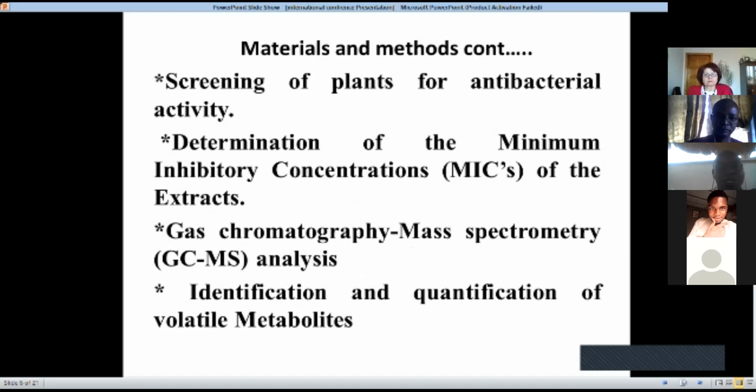Other procedures include screening of the plant for antimicrobial activities, determination of the minimum inhibitory concentration of the extract, as well as metabolite analysis using gas chromatography mass spectrometry, and identification and quantification of the volatile metabolites.